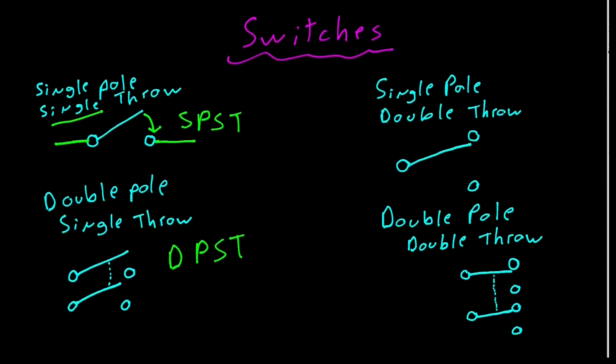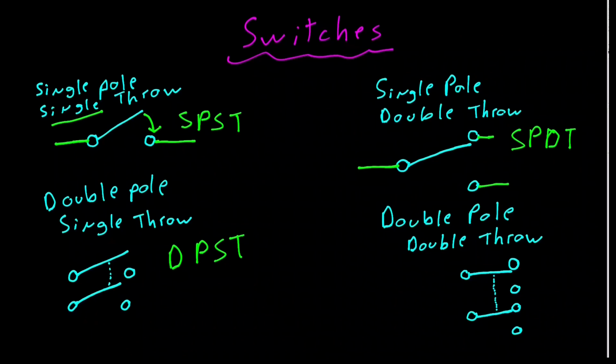On the right side, you have a single pole double throw switch, or an SPDT switch. And you can have electricity come in here, and you can activate two separate circuits, one at a time.